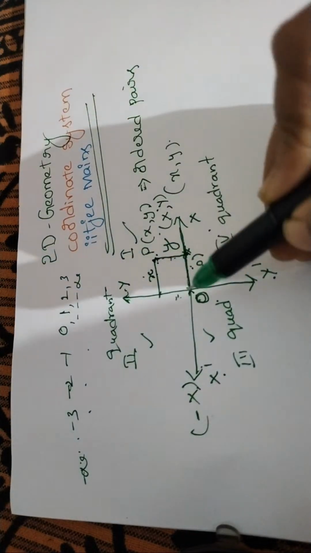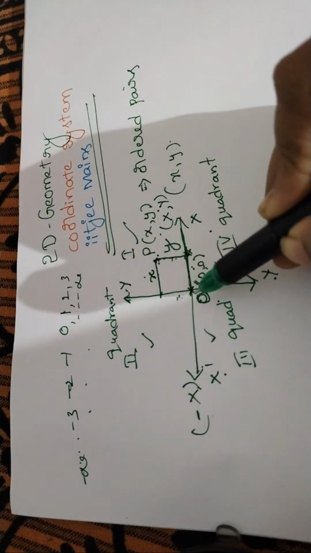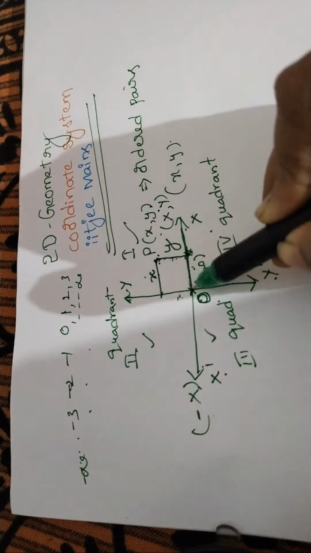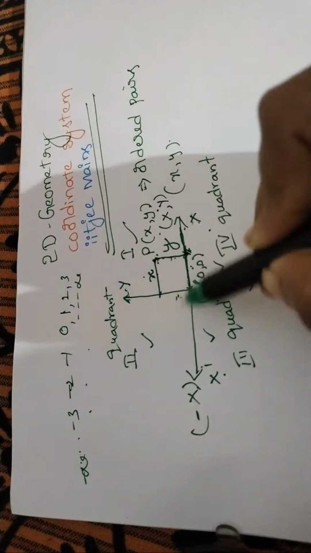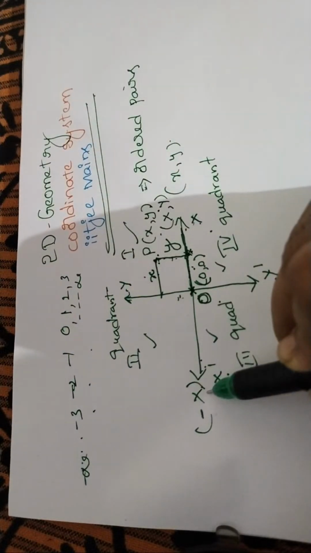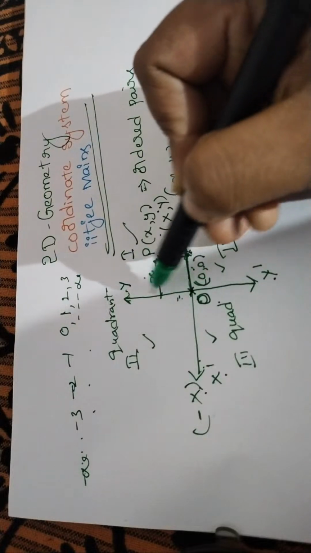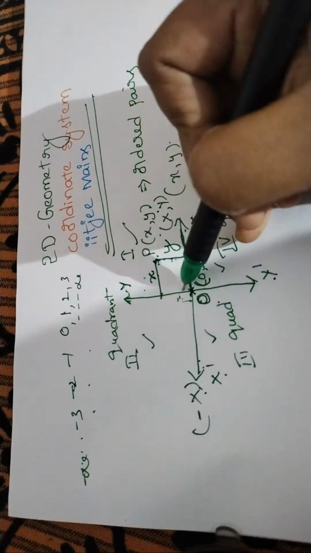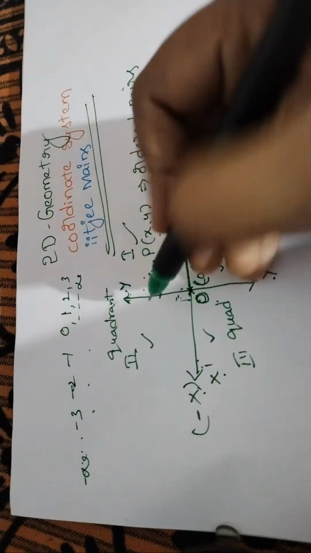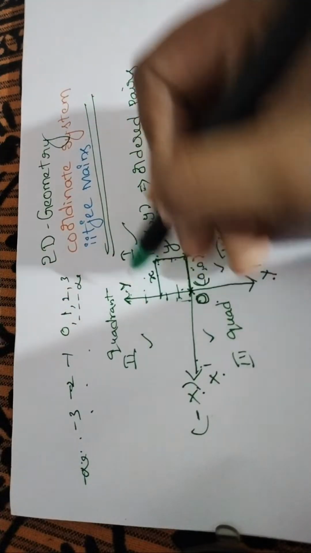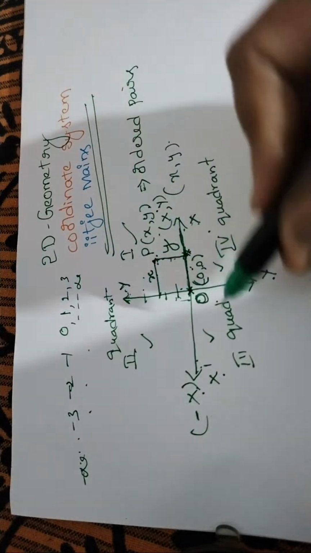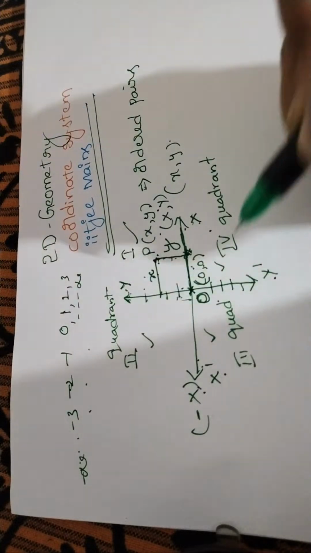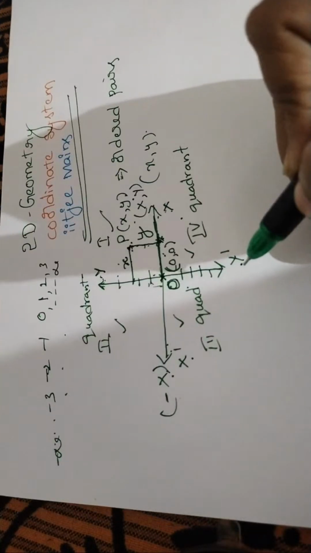So here we take 0 as reference. After 0 means this side plus x, before 0 minus x, and above 0 what do we have? Y. y is above 0, again positive values. We get positive y, and below 0 are negative values, so here we write minus y.